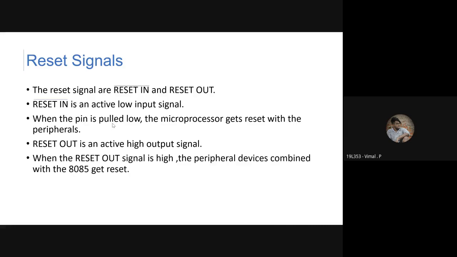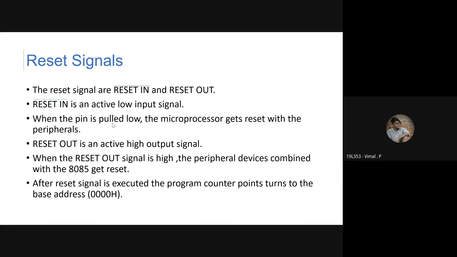The reset out is an active high output signal, which is totally opposite to the reset in. Reset out is high, and the peripherals are connected to the reset out signal and get reset.